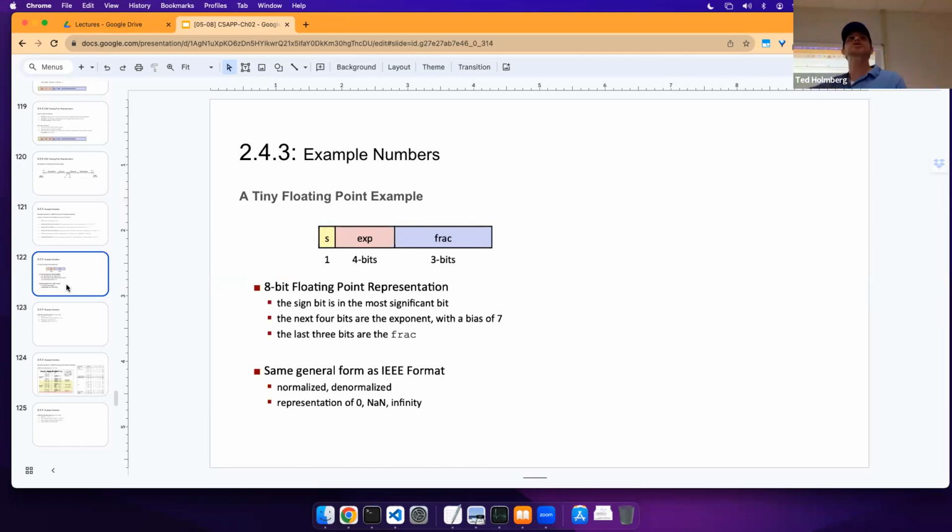So imagine we have this much smaller representation where my fraction field is only 3 bits, my exponent field is 4 bits, and my sign bit is 1 bit. Now notice, since I illustrated that we can have k number of bits and n number of bits, I get to define how big each of my fields are. Normally in the representations we saw before, we had our exponent field smaller than our fractional field.